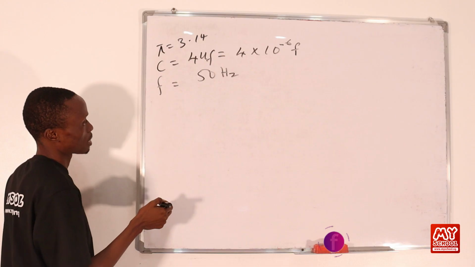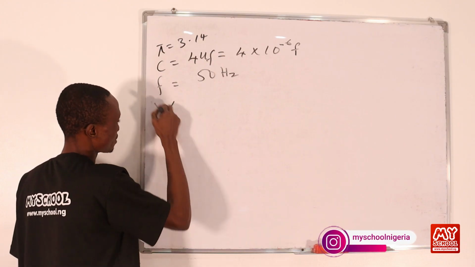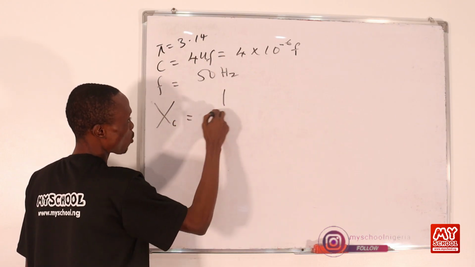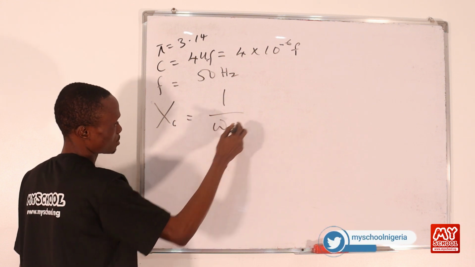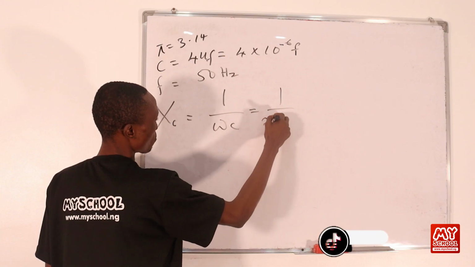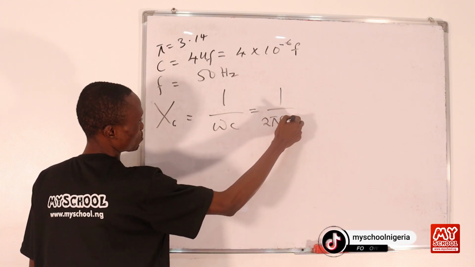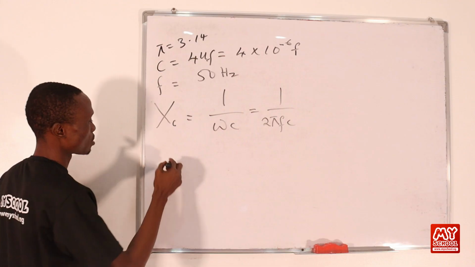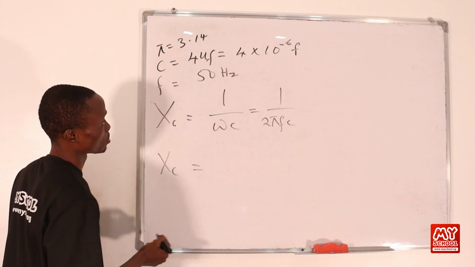But remember that capacitive reactance XC is equals to 1 all over omega C. But remember, omega is equals to 2 pi F. So here we just put C, right? So next, we substitute the values to get our answer.